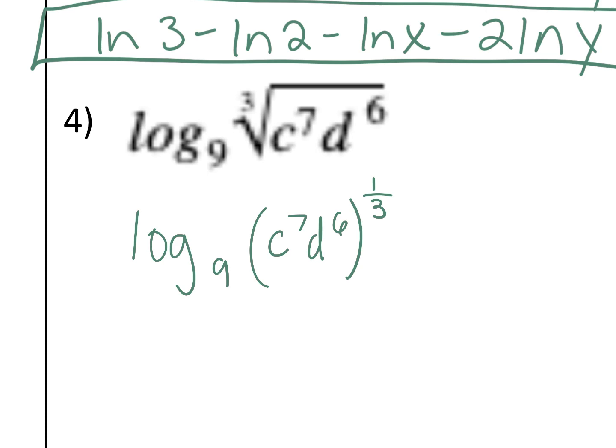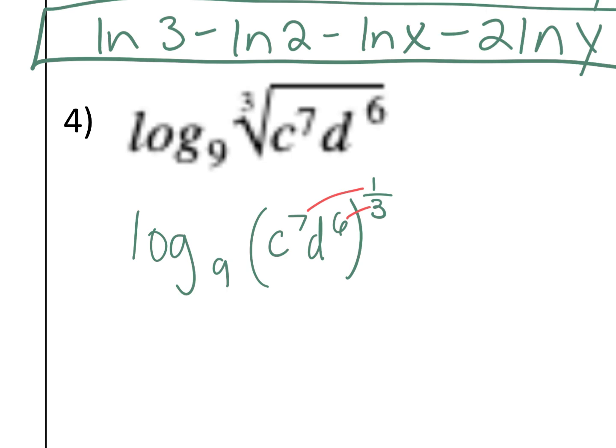And then here we have another math rule that we're expected to know from pre-algebra, algebra 1. When we have powers being raised to another power, what do you do with them? Power to a power rule is what this is called. What do we do with powers being raised to a power?